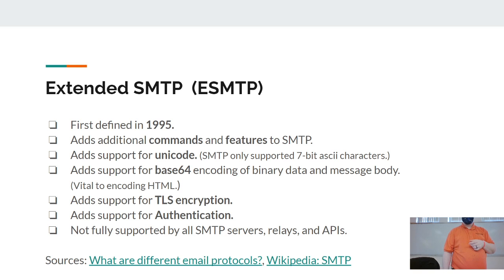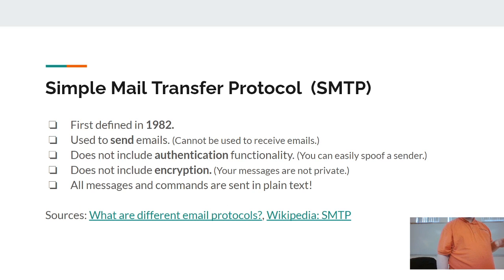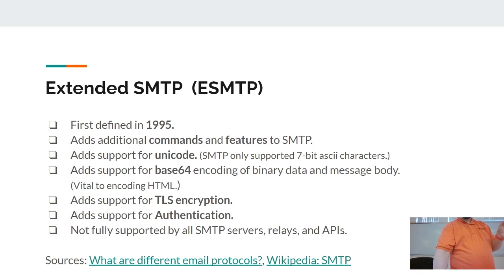So you said it doesn't support German characters and stuff like that. Does that mean only English countries use this? SMTP as originally defined, the original version that came out in '82, only supported 7-bit ASCII. So that's where adding Unicode support is important for people, not just in other foreign countries.